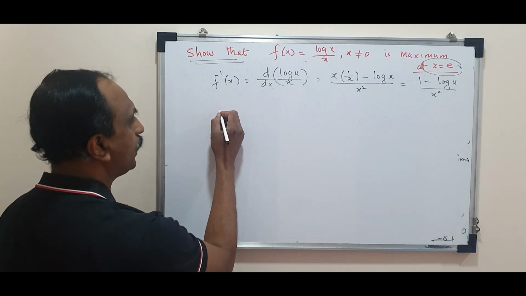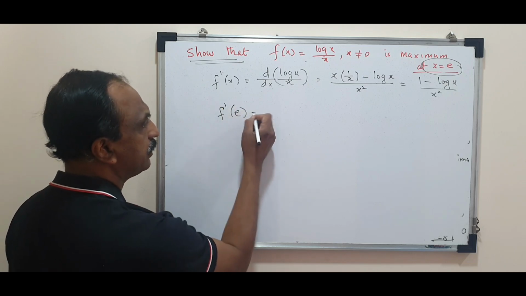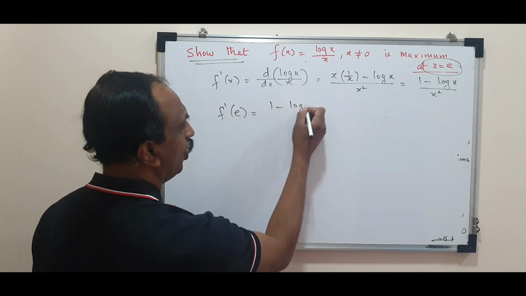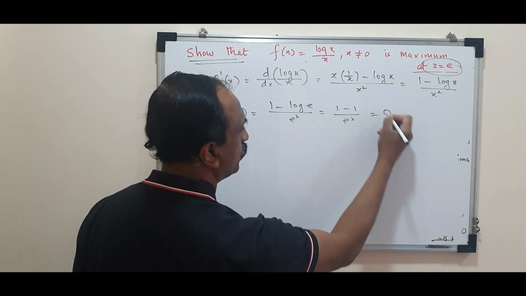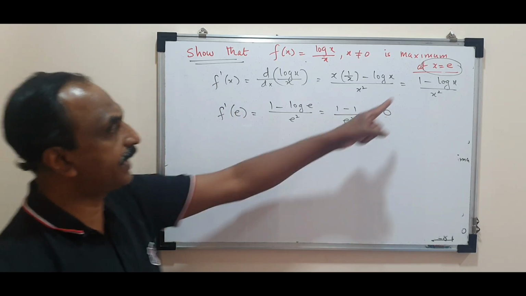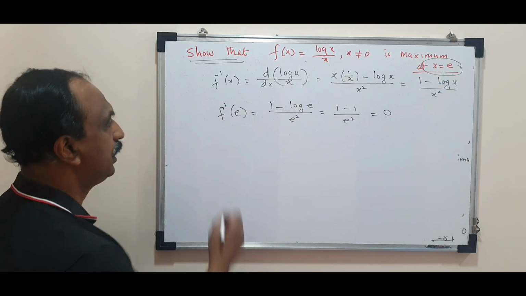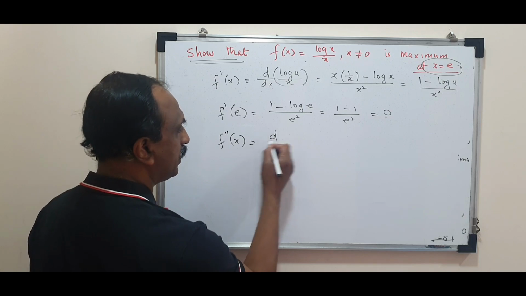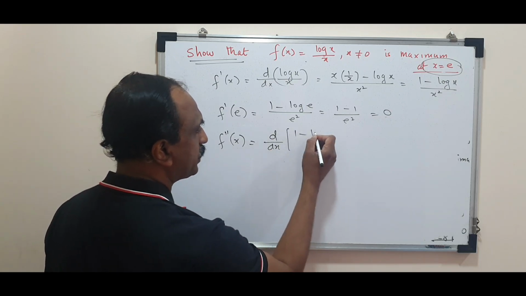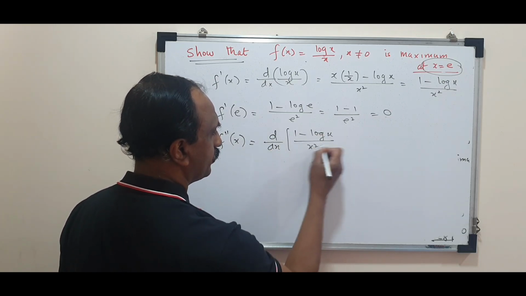Then I'll also calculate f dash of e. So 1 minus log e upon e square, 1 minus 1 upon e square, which is 0. So the derivative at x equal to e is 0. Now I'll find the second derivative at x. Second derivative is d by dx of 1 minus log x upon x square.